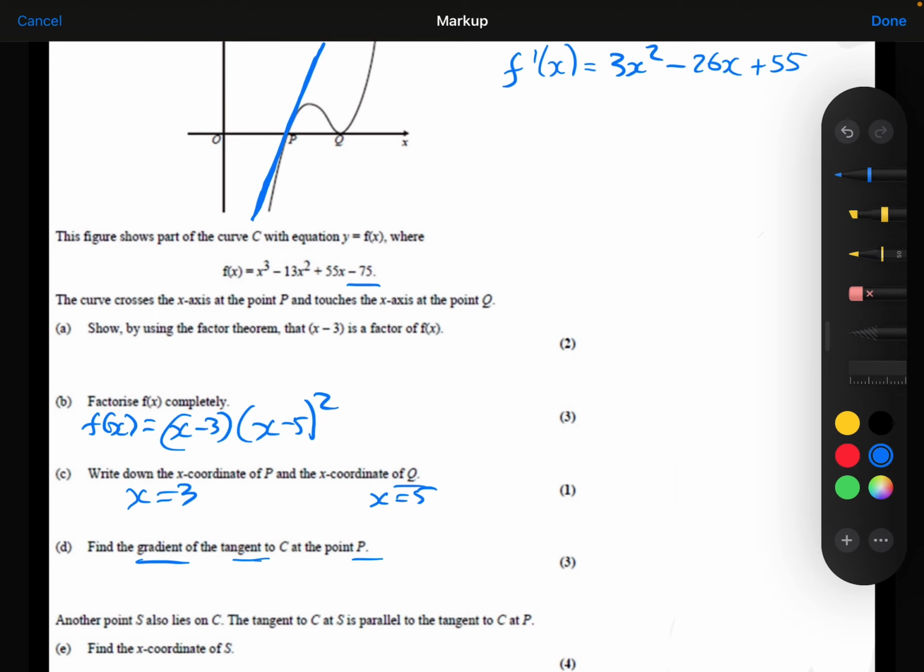Right, so that's our gradient function. Now we want to work out the gradient at point P. Now we know at point P, x is 3. So we're going to substitute 3 into our gradient function. And if we do that, we find that the gradient is 4. So the gradient of the tangent at P is 4.